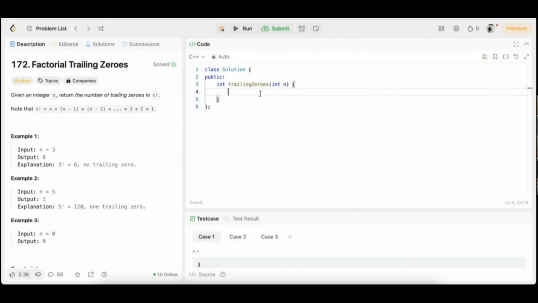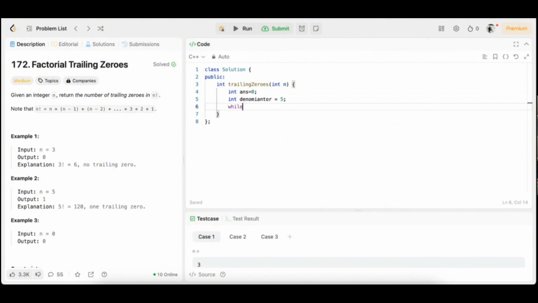Okay, so here you're given n. What you have to do is take answer as 0, and take denominator equals 5. Just make sure that naming is always good, because in interviews we always have a look at the names.